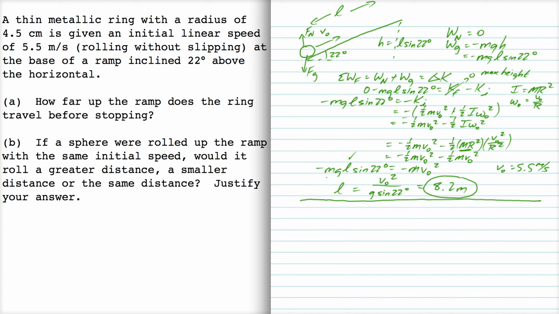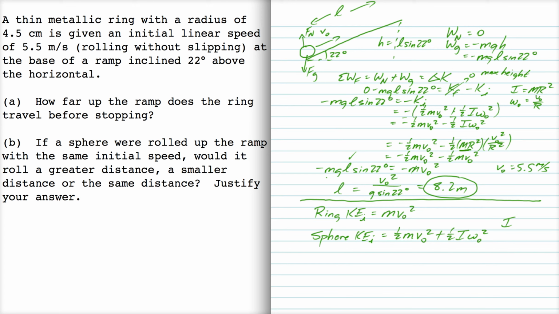Part B says if we rolled up a sphere with the same initial speed, what would happen? Well, let's compare the ring's initial kinetic energy, which is m v0 squared, to a sphere's initial kinetic energy, which is 1/2 m v0 squared plus 1/2 I omega0 squared.